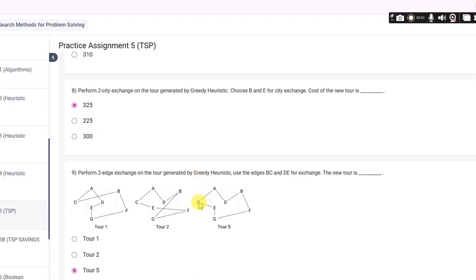Next, we can perform two city exchange. Well, let me show you how to do a two city exchange.